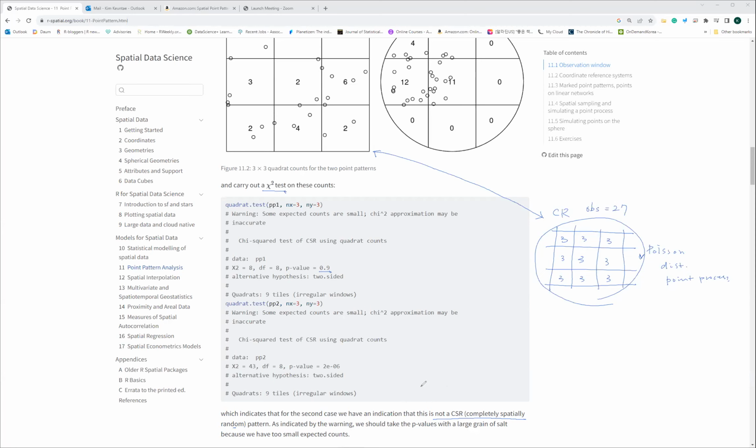It is not a completely randomized pattern. So the chi-test tests whether the actual observation is completely random or whether there is a clustering or dispersed pattern in the points. If the p-value is much larger, that means there is definitely a pattern behind these points. That's what this is testing.